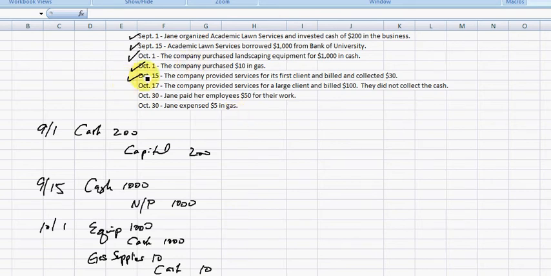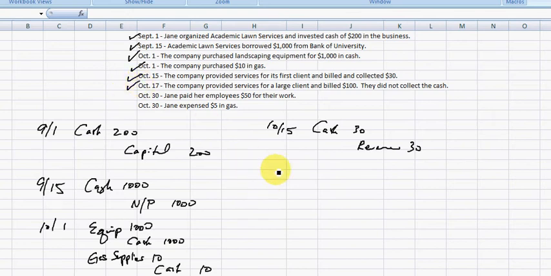On October 15th, the company provided services for its first client and billed and collected $30. Okay, it collected the $30, so therefore it has cash of $30, and it did its work, and now it's revenues of $30.